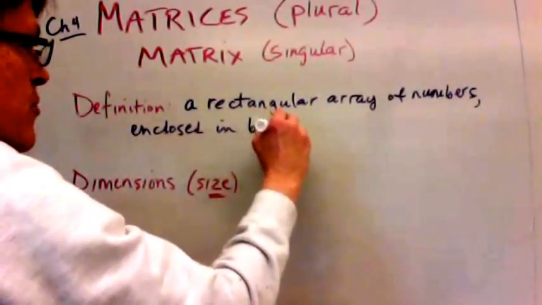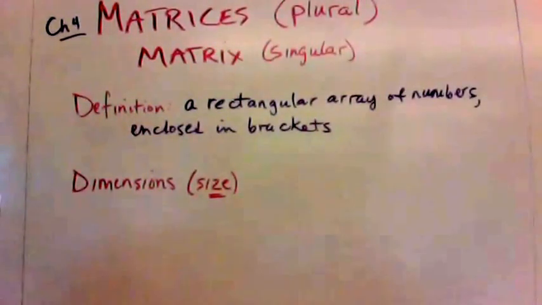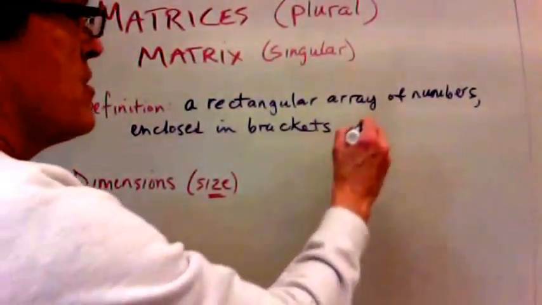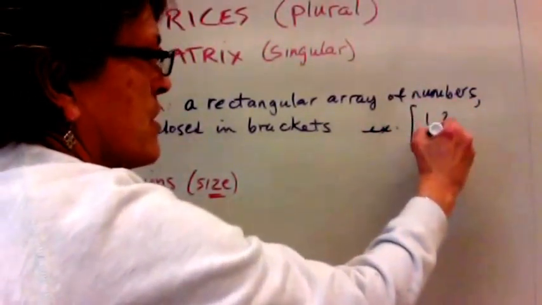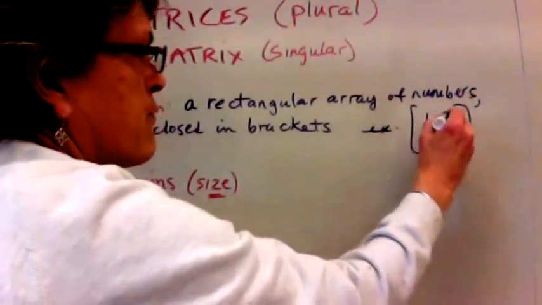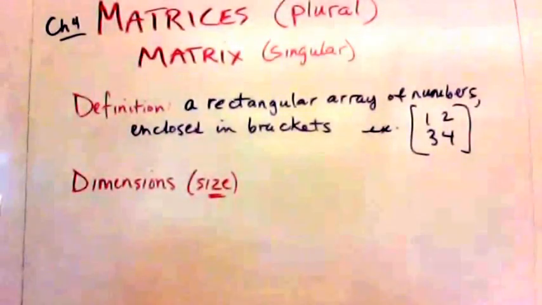And brackets are what really make it obvious that you're dealing with a matrix. Here's an example, a really easy one: 1, 2, 3, 4. Four members in that rectangular array enclosed in brackets.